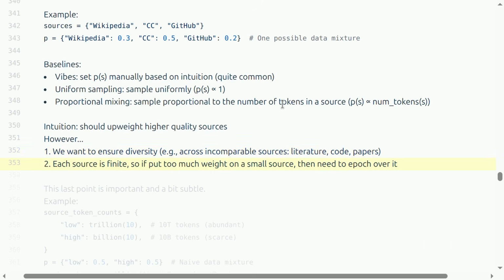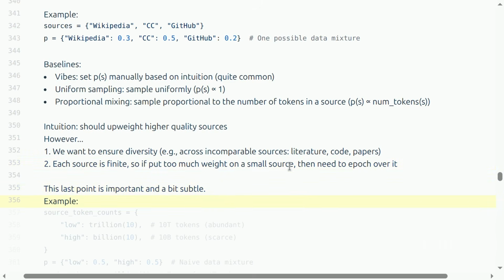The second thing, which we'll talk a bit more about, is each source is actually finite. So if you put too much weight on a small source, then you essentially run out of that source, and you need to just epoch over it, meaning that you keep on training on literally the same tokens. And this is going to be bad for reasons we'll see.